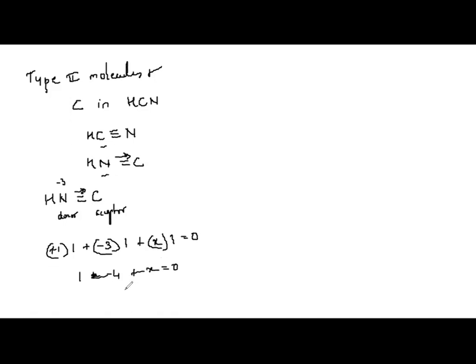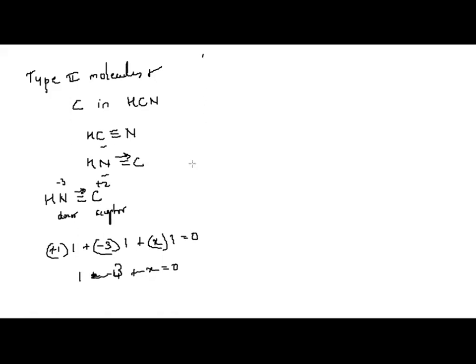So it is -3, therefore X minus 3 plus 1... so it is +2. So carbon will have what charge? +2 charge. This is how we calculate. So this is for type 2 molecules.